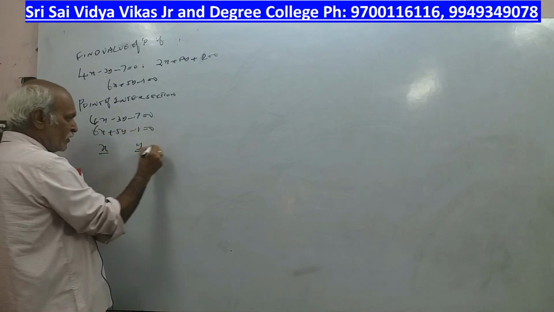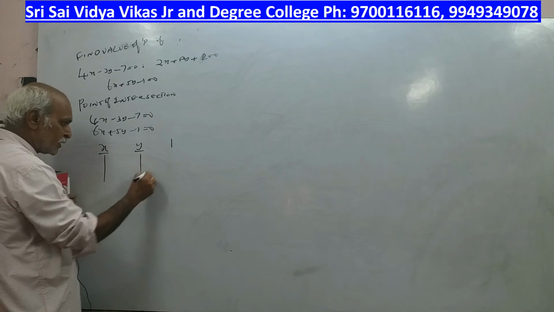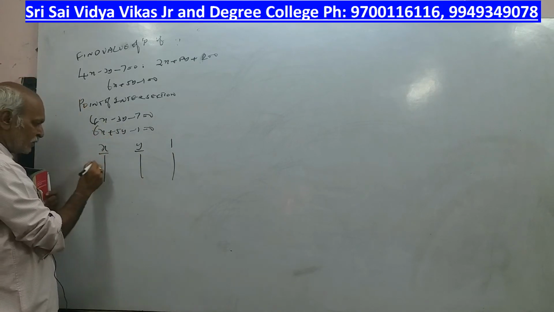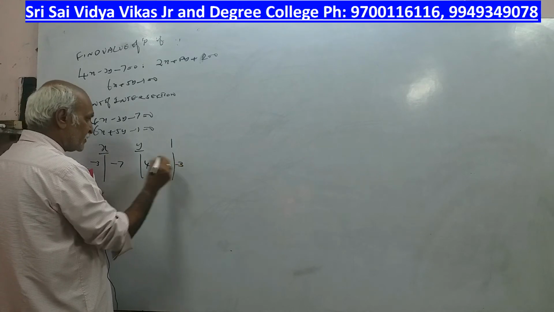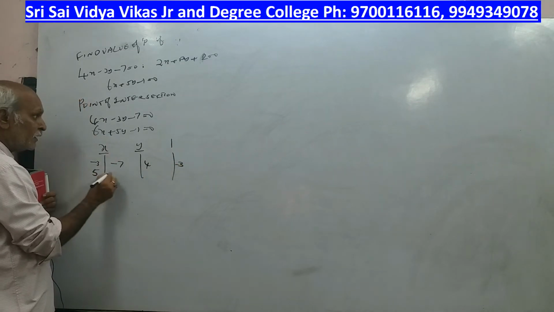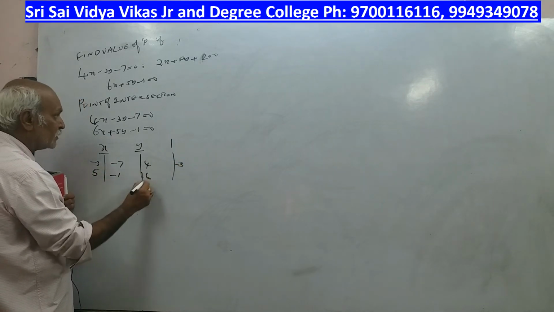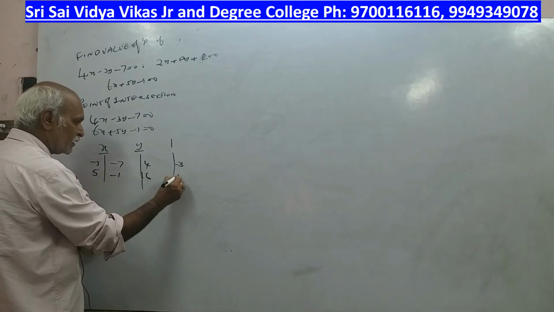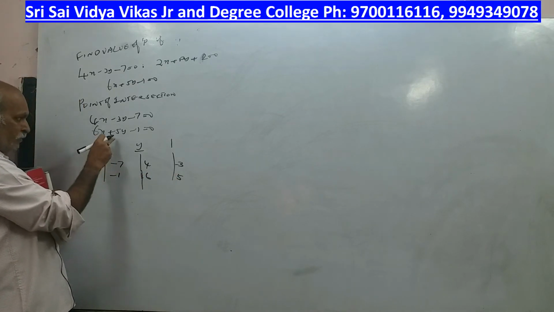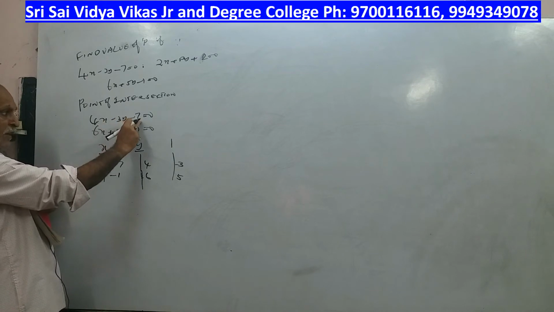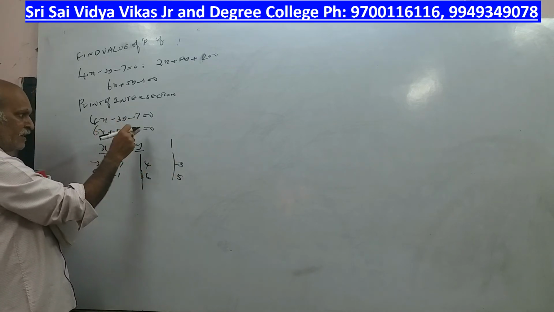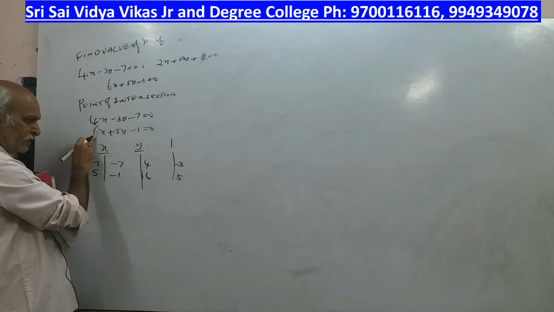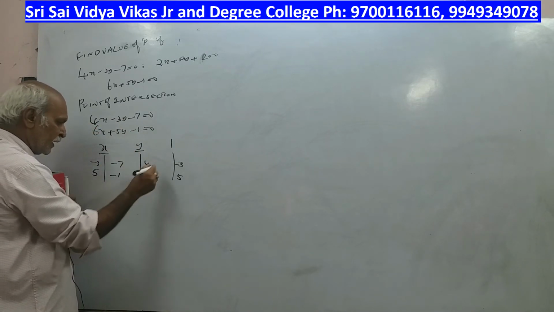x, y, 1. Y coefficient minus 3, constant minus 7, x coefficient 4, again y coefficient minus 3. Next one, y coefficient 5, constant minus 1, x coefficient 6, again 5.